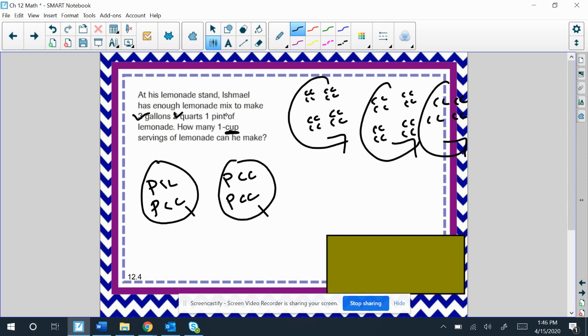All right, and then my last one is the pints. Now I can count all those C's up. 4, 8, 12, 16. Well, 16 and 16 and 16. So I'm going to add those. And then I have 4, 8, and then I have 2.